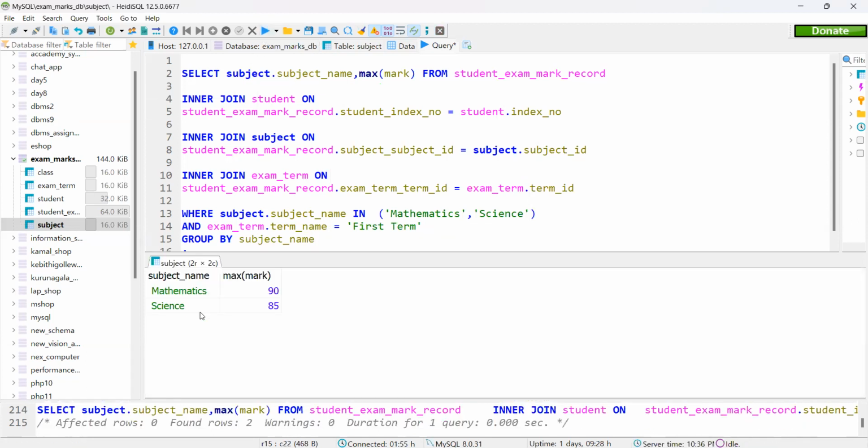Next, we got the maximum mark for each: the maximum mark in mathematics and science subject in the first term.